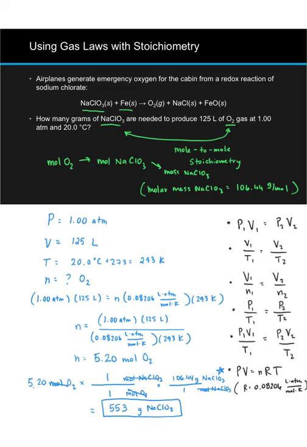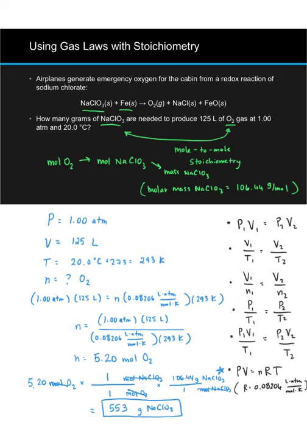And just like that, we've found yet one more means by which to do stoichiometry. If we can get to moles and we have a reaction, then we can carry out stoichiometric calculations. So rejoice, because this is so much fun.